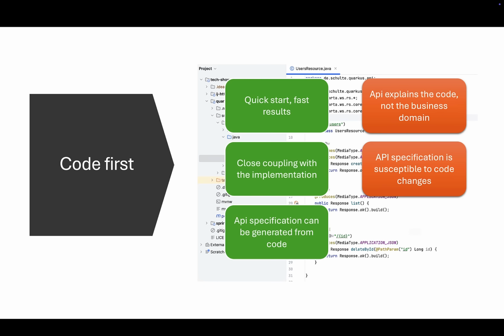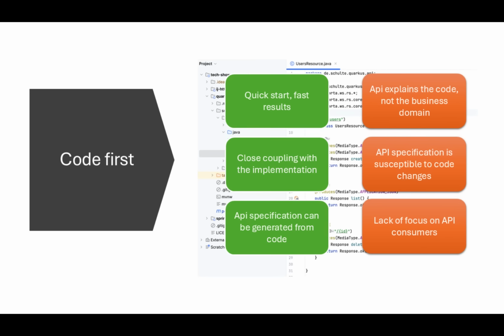And that brings us to perhaps the most important and critical disadvantage: the lack of focus on API consumers. With the code-first approach, we think primarily like backend developers. We optimize the API for our implementation, not for readability, comprehensibility, or stability from the user's perspective.